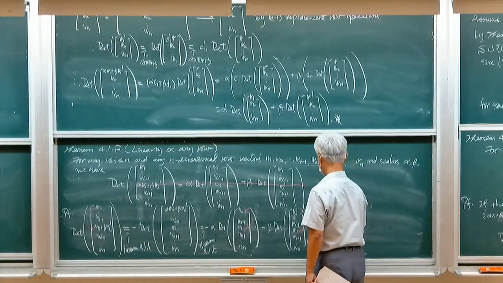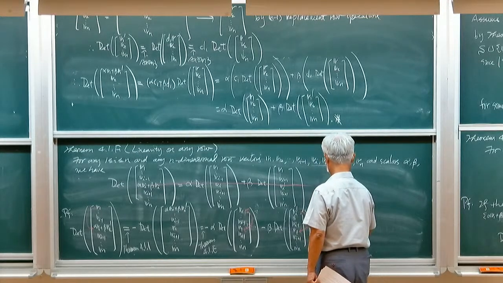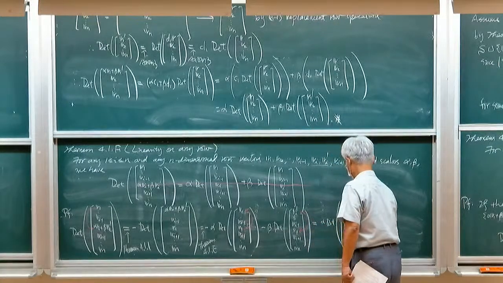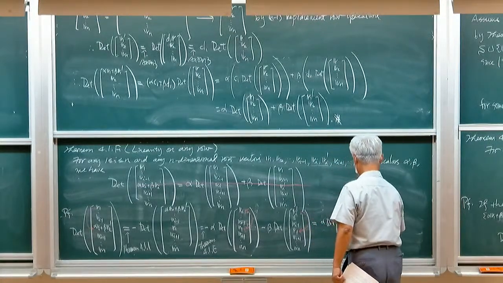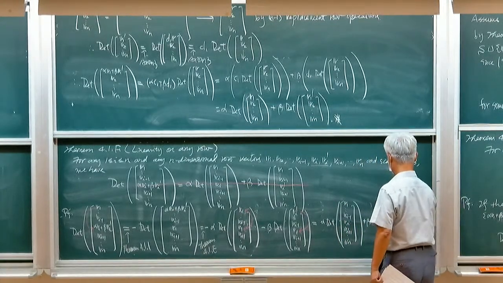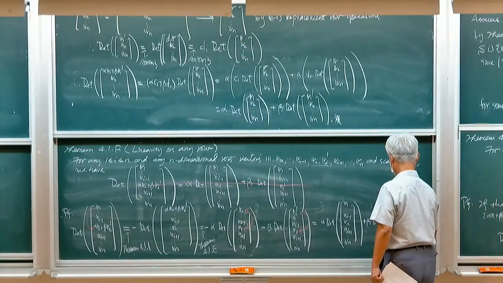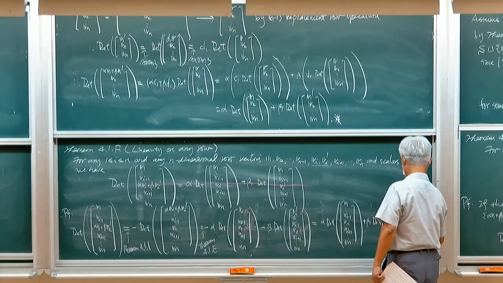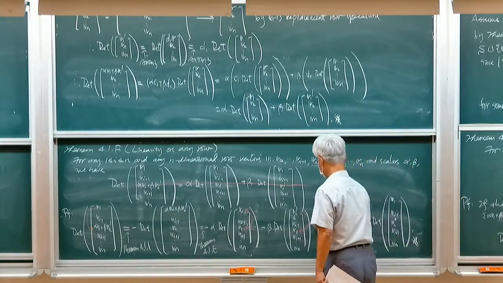And so this is alpha times the determinant of the original Ri matrix plus beta times the determinant of the Ri prime matrix, R1, R(i-1), Ri prime, R(i+1), Rn.